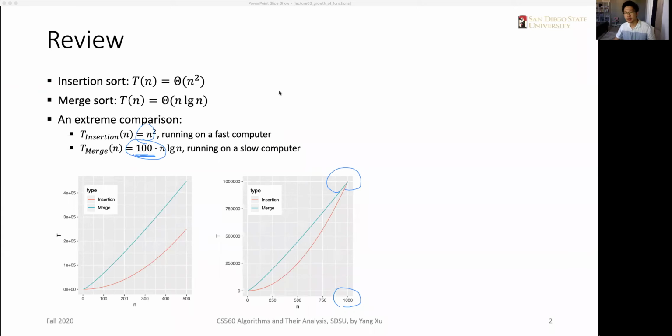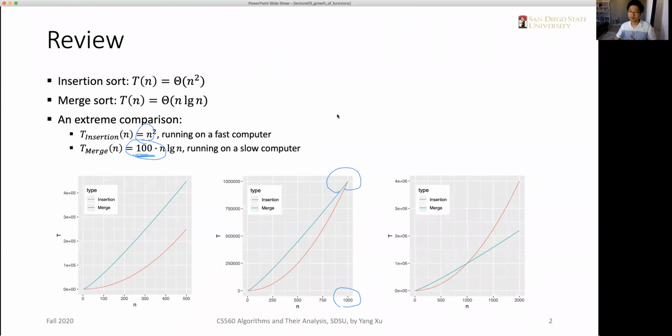Let's further increase the input size, and I think you can guess the result. The quadratic function keeps growing faster and faster, and the curve of merge sort is much flatter compared with insertion sort. So when we consider larger input sizes, way beyond 1000, insertion sort is going to cost much more time, even on a very fast computer.